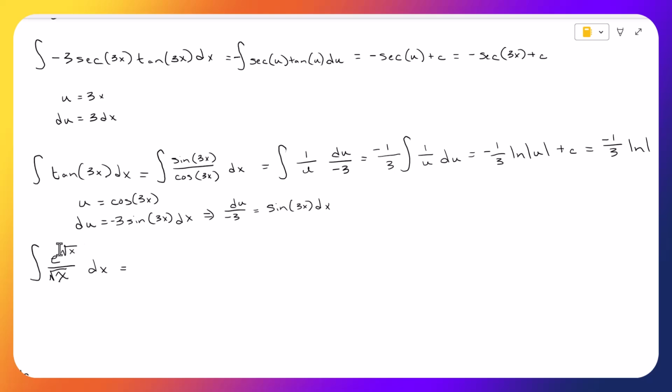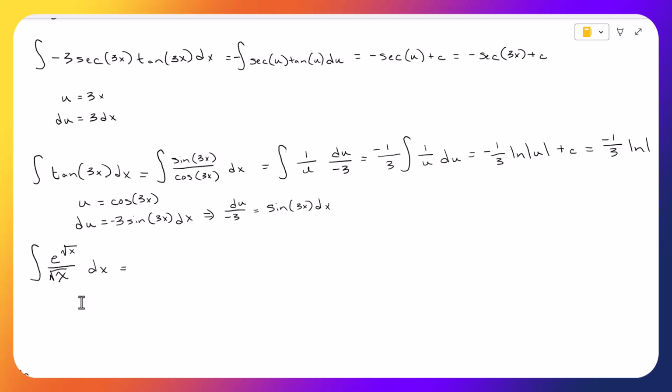But the derivative of the square root of x is 1 over the square root of x. That's just using our power rule. So this is the derivative of that. It's a little bit harder to see there, but we'll work through it.